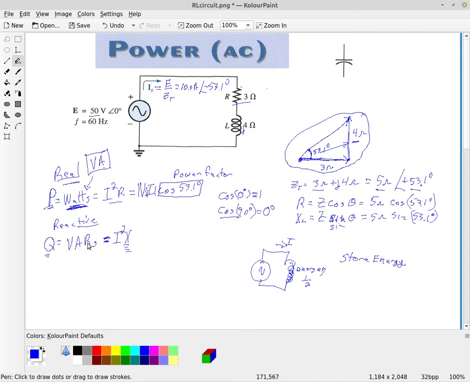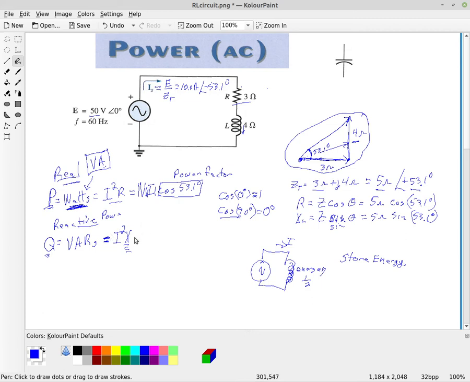That's what that R stands for. Real power is volts times amps, and the true unit for that we use is watts. But for Q, our reactive power that's stored, it's volt amps reactive, and they just call that VARs.